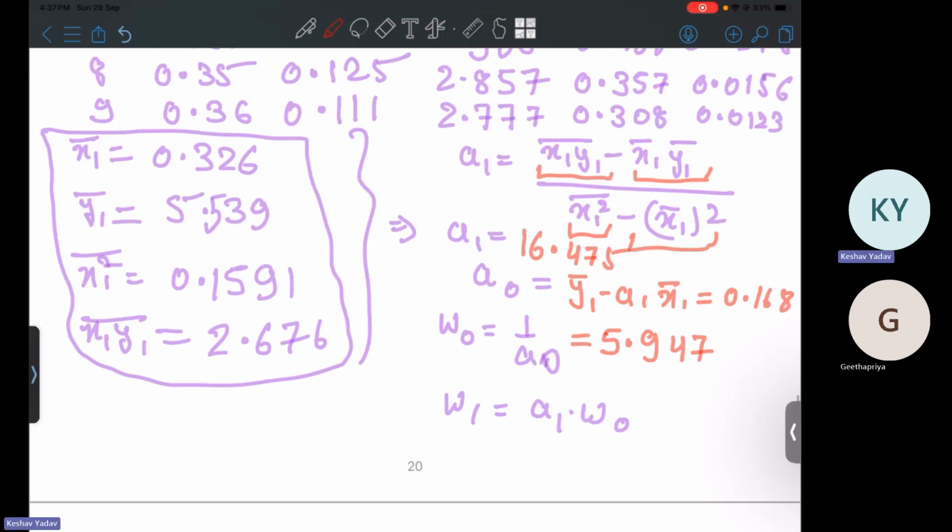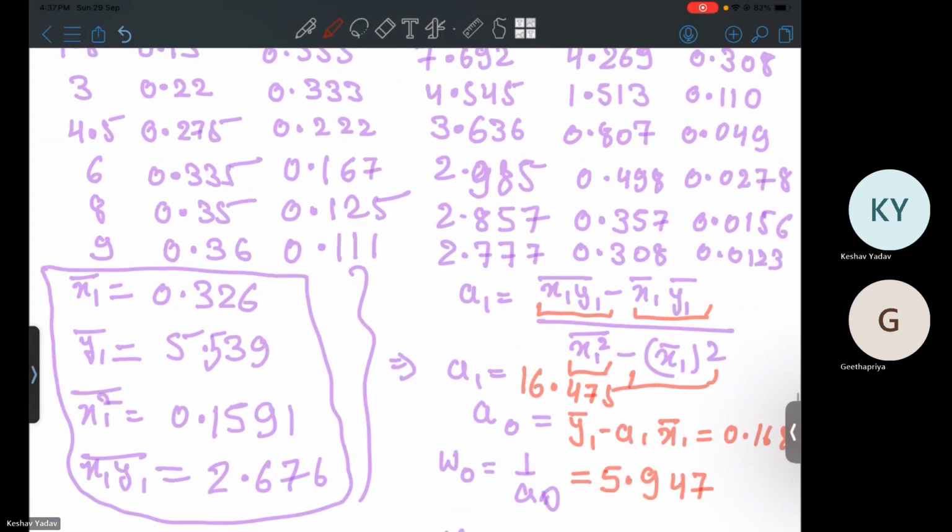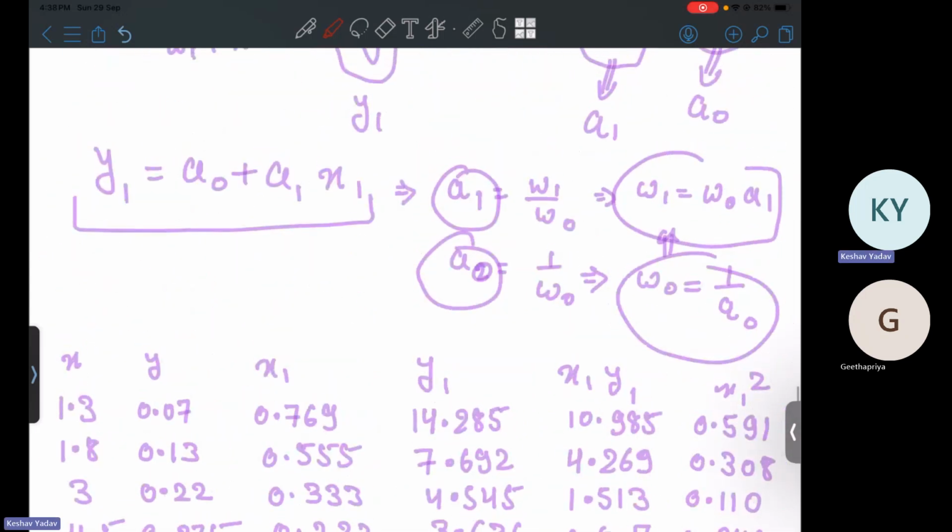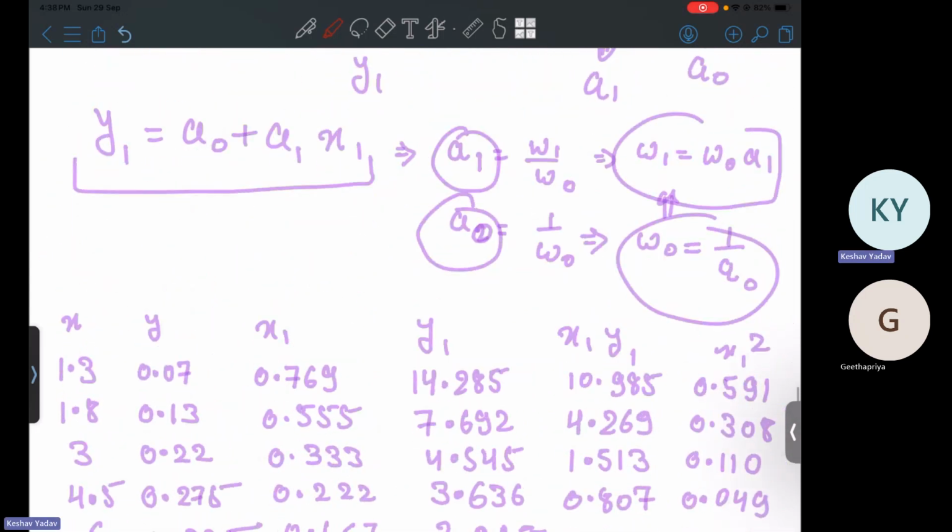This is what we are getting for W0, and W1 will be equal to A1 W0. No? From here, if you see, A1 W0.